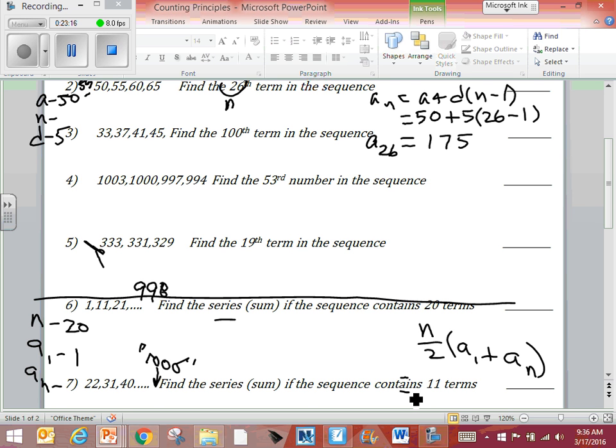I'm going to put on this top 998. No, 20 is at the top. Inside the parentheses, a sub 1 is a 1. That part's true. And then what are we adding it to? This made up number is 998.